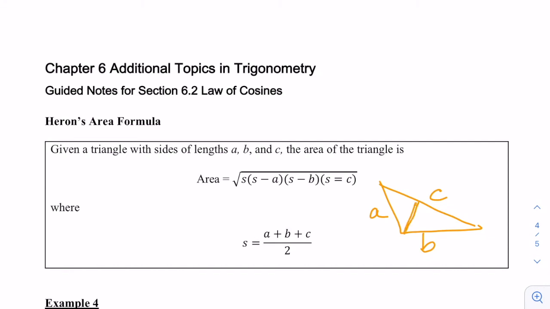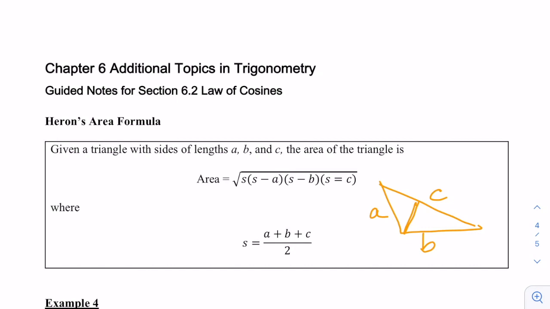So we usually draw the height and then use the sine, so 1/2 base times height. But Heron, also known as the Hero of Alexandria, a Greek mathematician, discovered how to find the area without any angles, which is pretty amazing. But it uses a lot of trig, a lot of Pythagorean theorem.